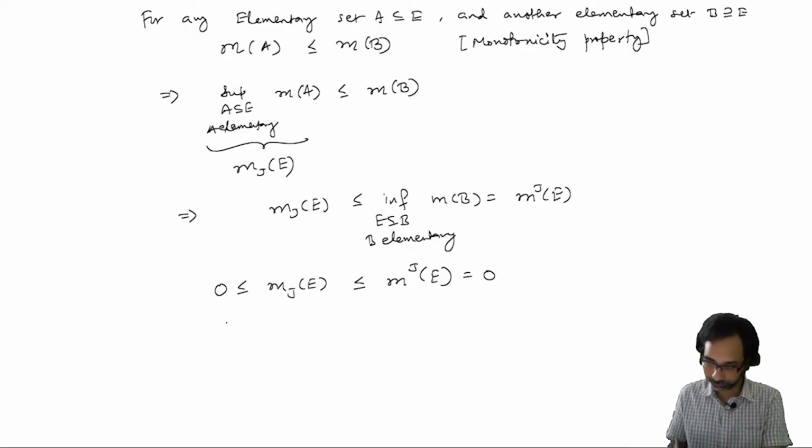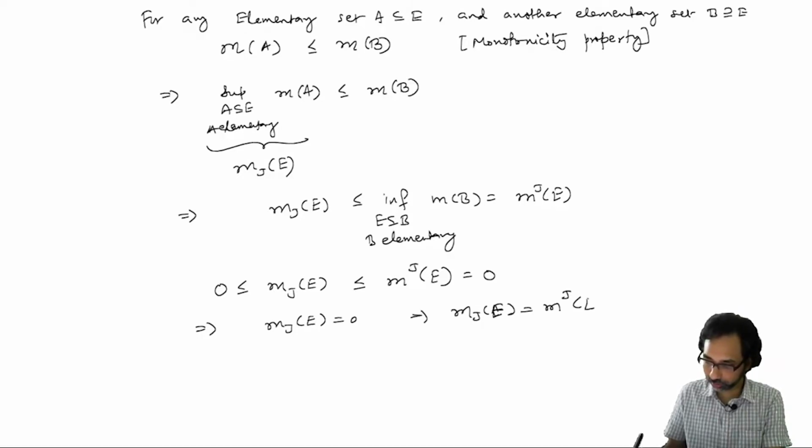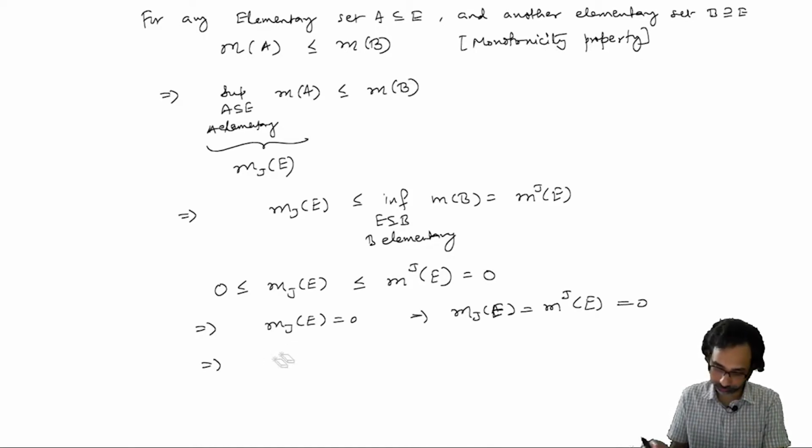So therefore the inner Jordan measure is also 0. This implies that the inner Jordan measure is equal to the outer Jordan measure, both are 0. Therefore E is Jordan measurable.